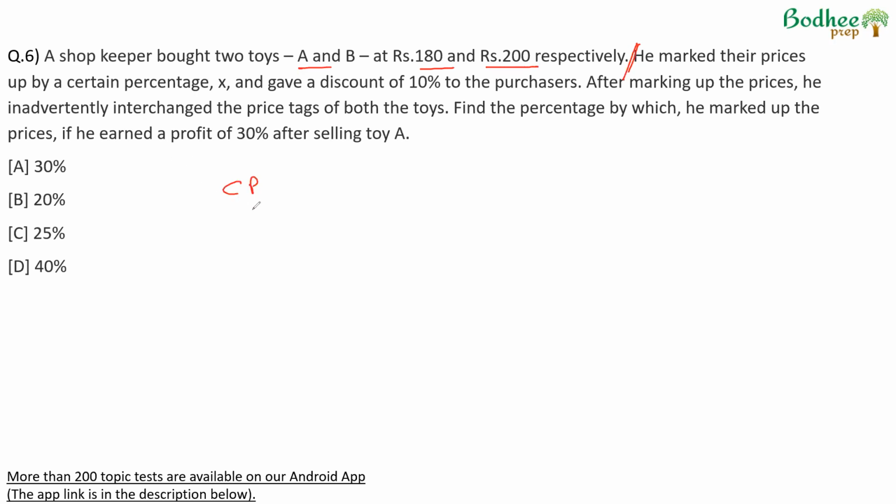Now the cost price for A is rupees 180. Profit is 30%. 30% of 180 will be 3 into 18, 54.